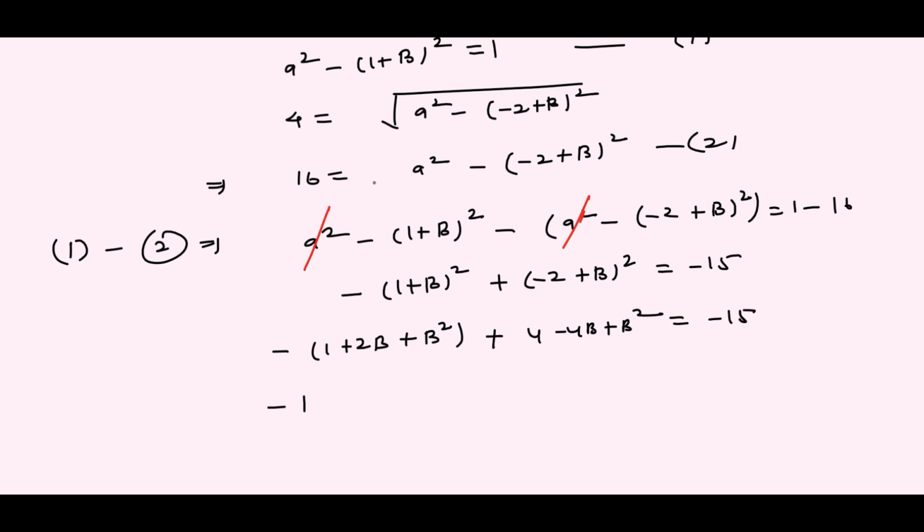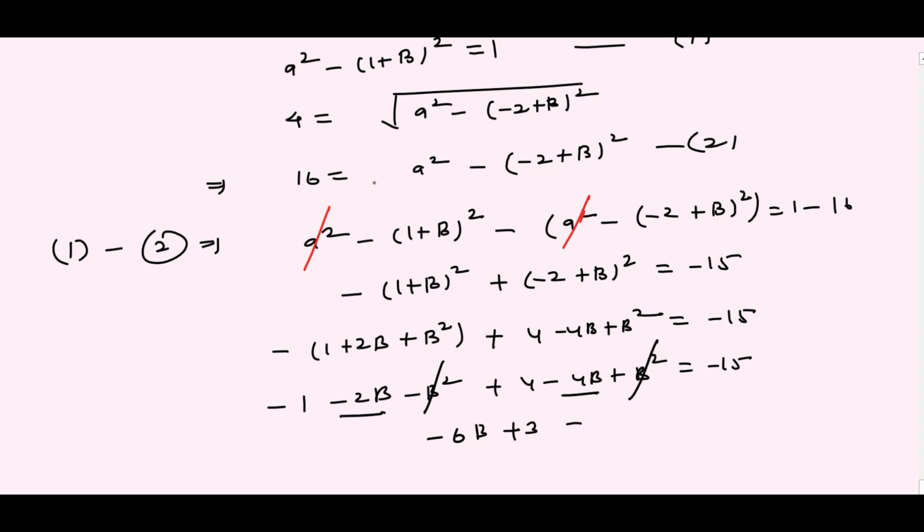Here we will get minus 1 minus 2 times of b minus b square plus 4 minus 4b plus b square is equal to minus 15. B square get cancel out, and that is minus 2b minus 4b, that is minus 6b. Here will be plus 3 is equal to minus 15, that is minus 6b is equal to minus 18. So from here value of b is equal to 3.